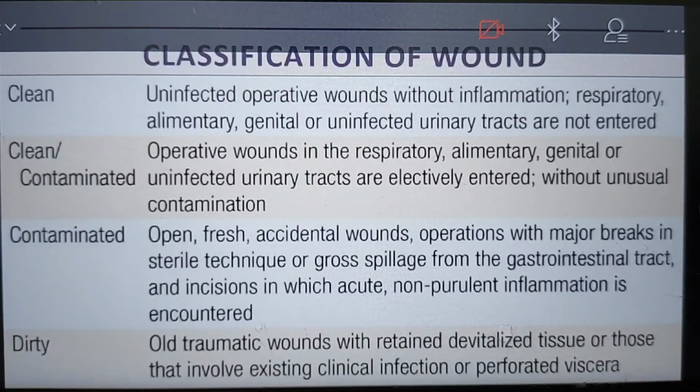The next one is contaminated wound, where the wound is open, fresh, accidental wounds, operation with major breaks in sterile technique or gross spillage from the GI tract, and incision in which acute non-purulent inflammation is encountered. The next one is dirty wound, where all traumatic wounds with retained devitalized tissue or dead tissue, or those that involve existing clinical infection or perforated viscera.